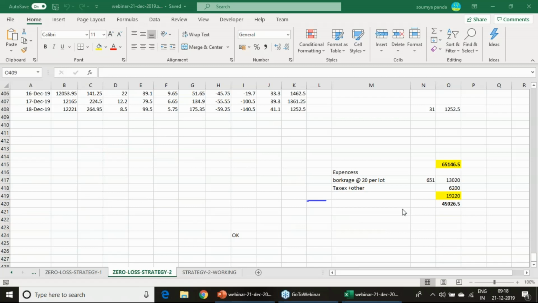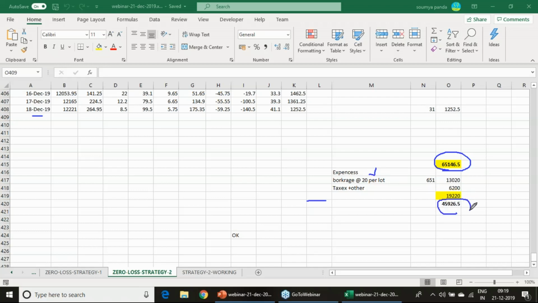Those who have joined this program earlier, I have already told them too. Till December 18th, this implementation has given a gain of 65,146. I am cutting out expenses at the rate of 20 rupees per lot for taxes and other costs, though I am putting it on the slightly higher side.